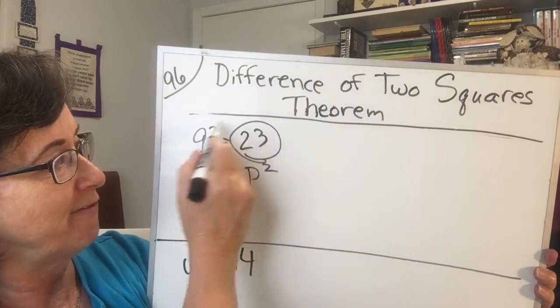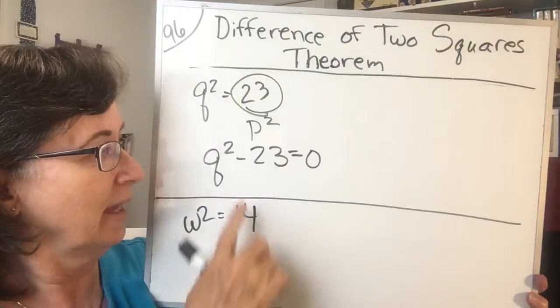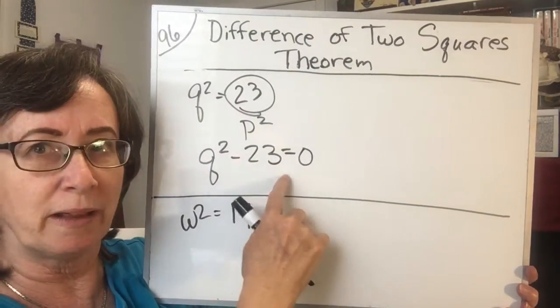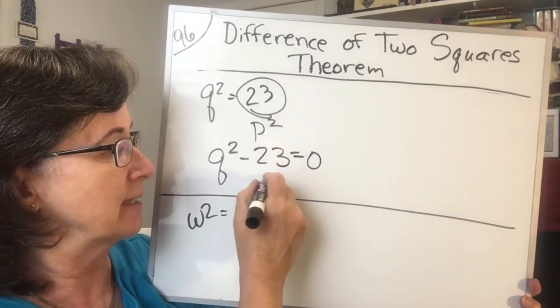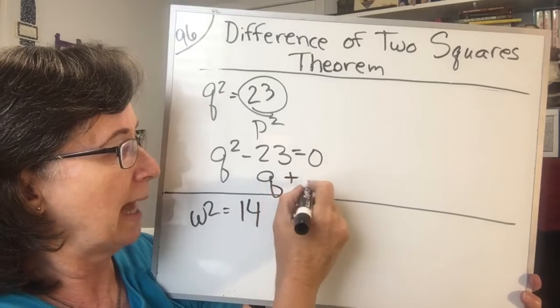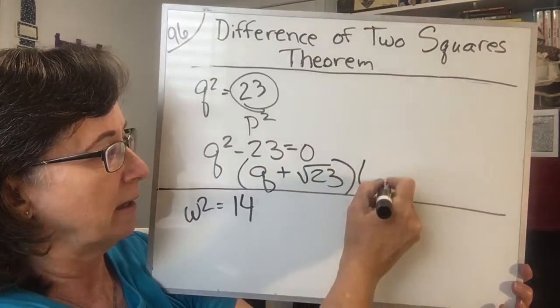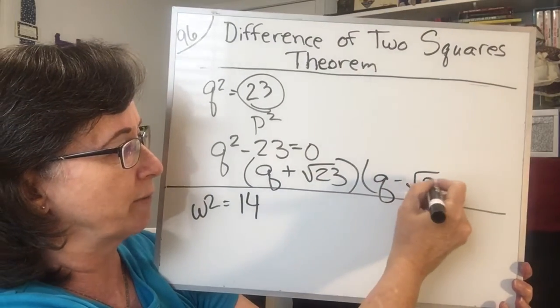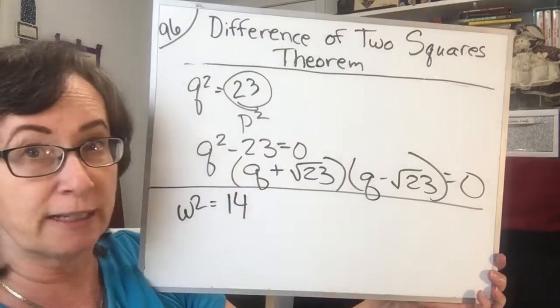So we're going to factor this into q squared minus 23 equals 0. That will be our first step. And then factoring this is going to be q plus the square root of 23, q minus the square root of 23 equals 0, factoring a difference.